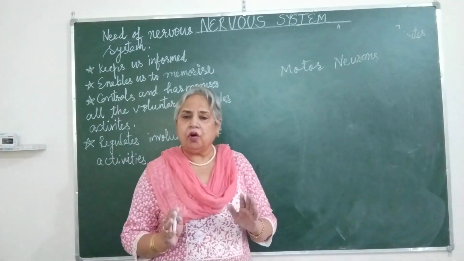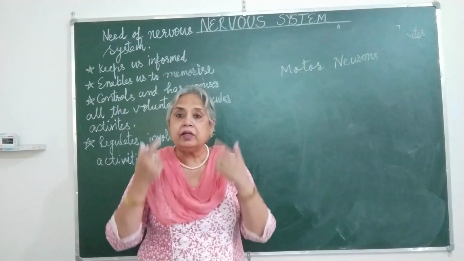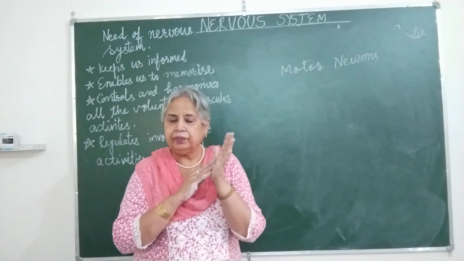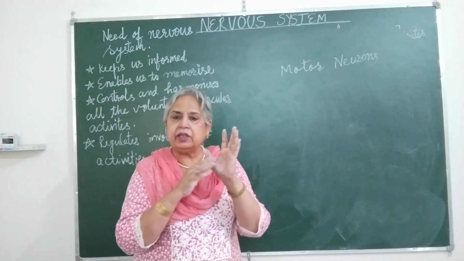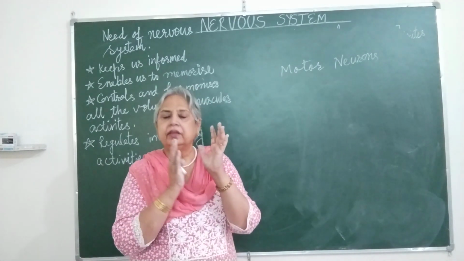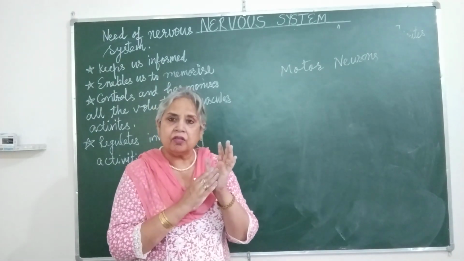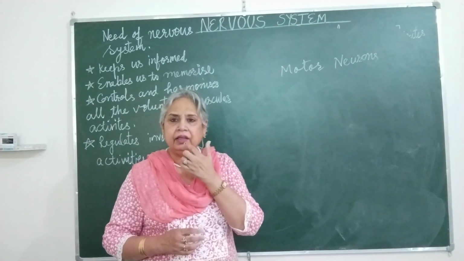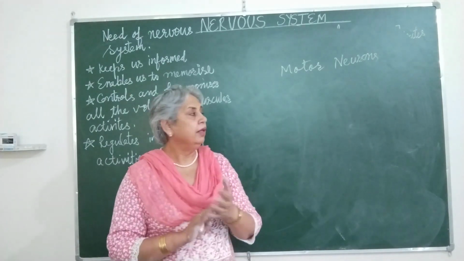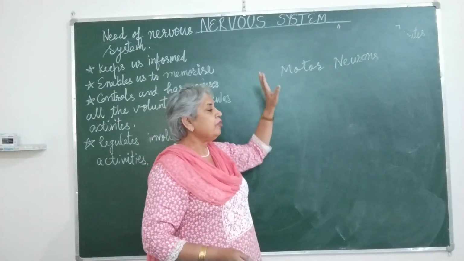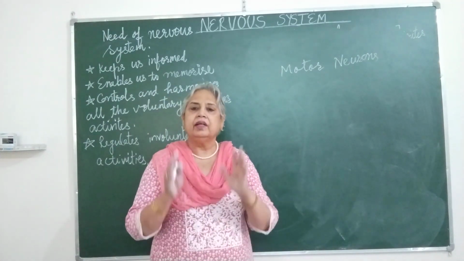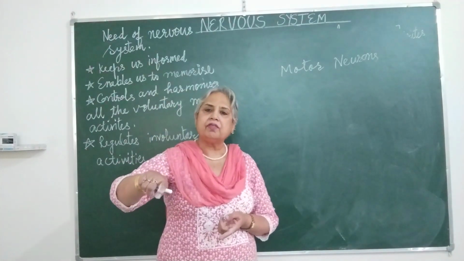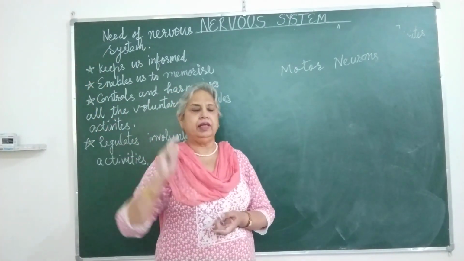Now, sensory neurons were bringing message from the receptors, our eyes, ears, nose, tongue, skin, touch or temperature is detected by our skin. Skin is also a sense organ. So eyes, nose, ears, then tongue and then skin. These are the sense organs. So sense organs have receptors. Receptors detect the stimuli from the environment, give the message to sensory neuron, message goes to CNS.